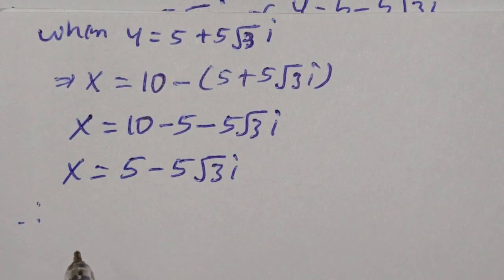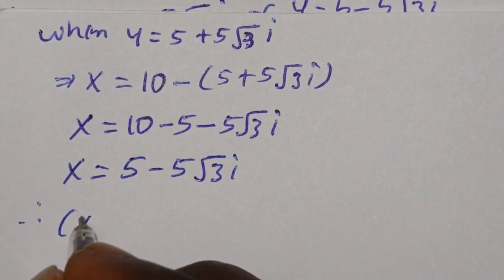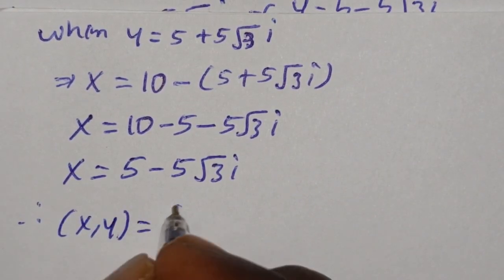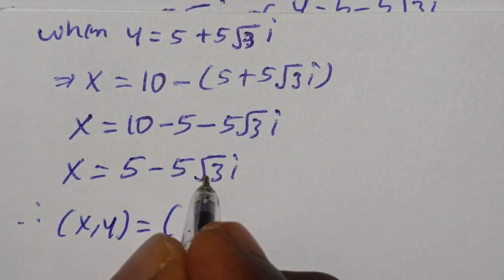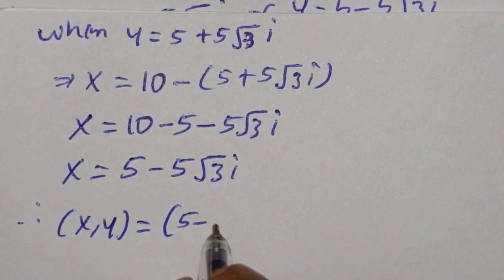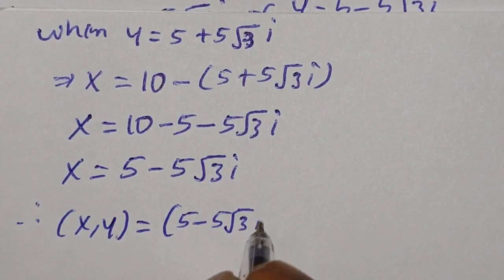Therefore, the first solution, x comma y, is equal to, what is x? x is 5 minus 5 root 3i.